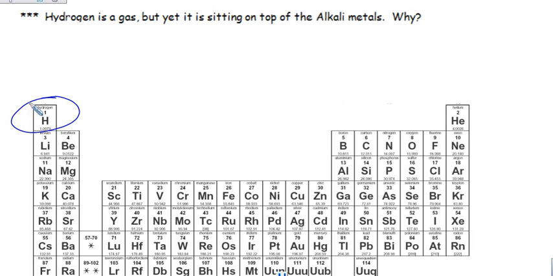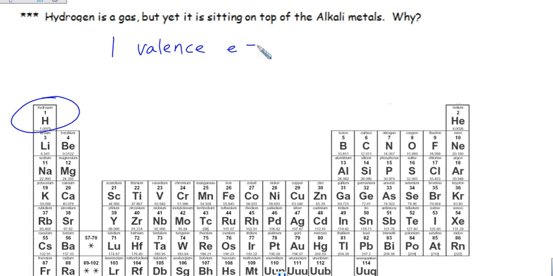Valence electrons. Hydrogen has 1. He has 1 valence electron, and hydrogen is actually pretty reactive. He's just not a metal, and he doesn't have some of those similar properties of lithium, sodium, potassium.